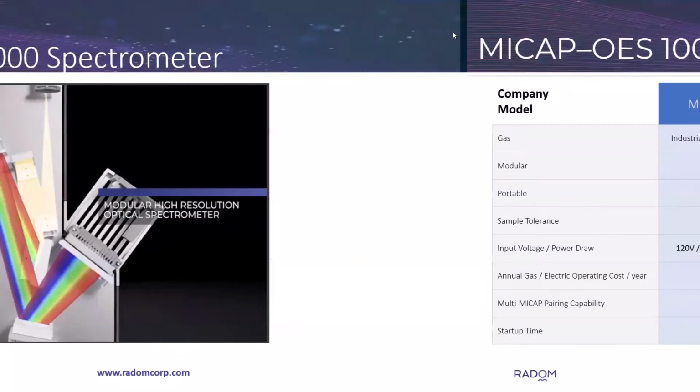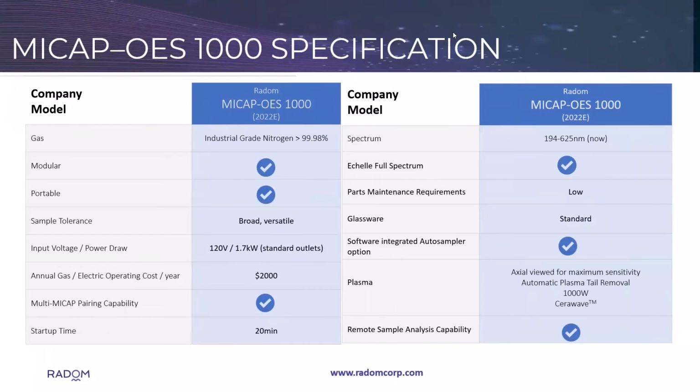Let's take a high level look at the MICAP-OES 1000 specifications. It can use industrial grade nitrogen at greater than 99.98%. The system will capture an echelle spectrum from the wavelength range of 194 to 625.